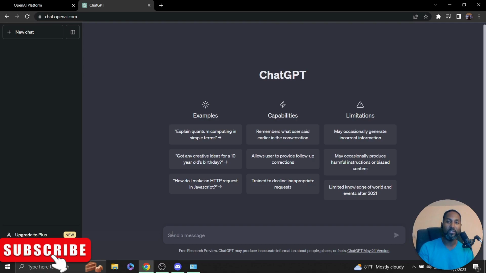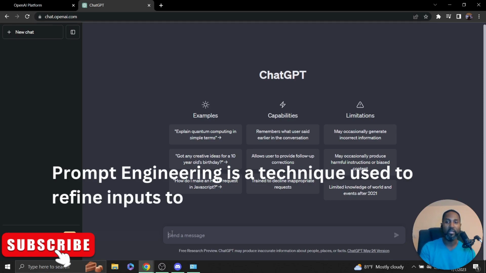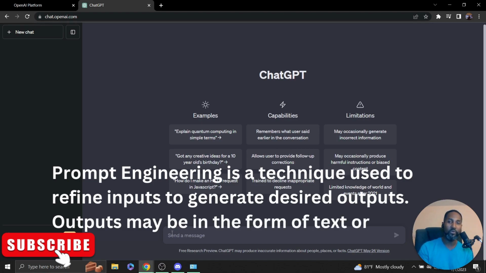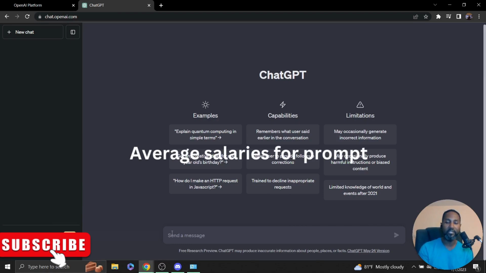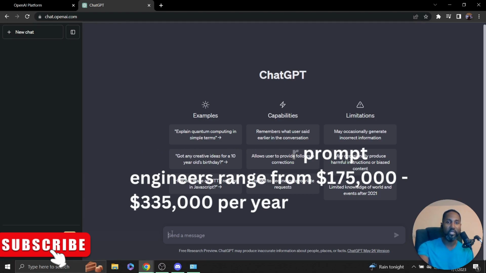This is also another field which is relatively new, and a lot of people are making a lot of money doing prompt engineering. Once you acquire the skill, you are a valued worker. You have highly valued skills because if you can prompt properly, if you're very skillful, then you can get great automation and so on.